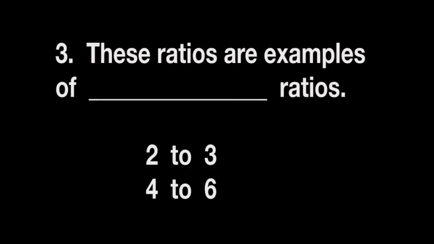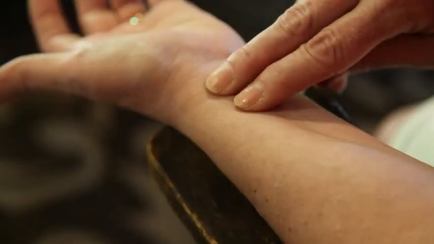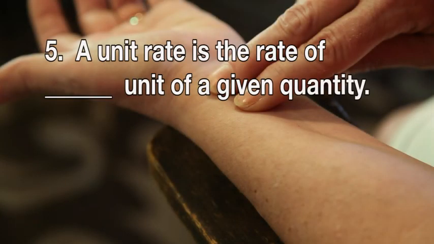Number 3. These ratios are examples of blank ratios. Number 4. How much lemonade mix is needed with 4 quarts of water? And number 5. A unit rate is the rate of blank unit of a given quantity.